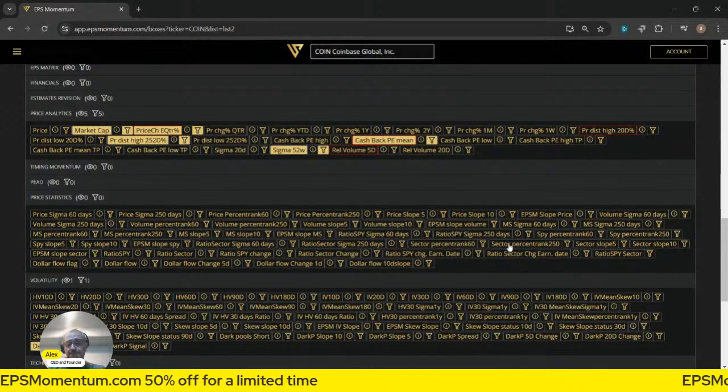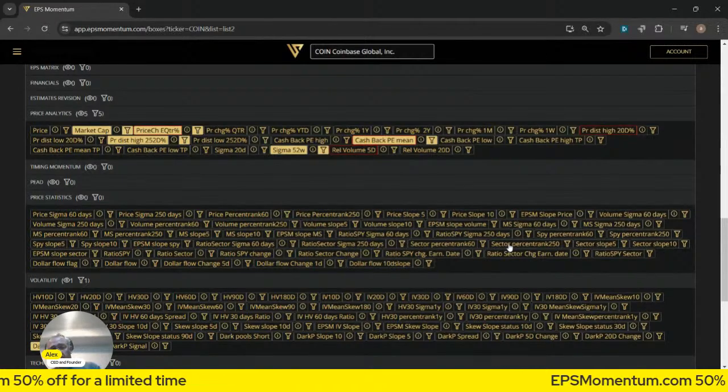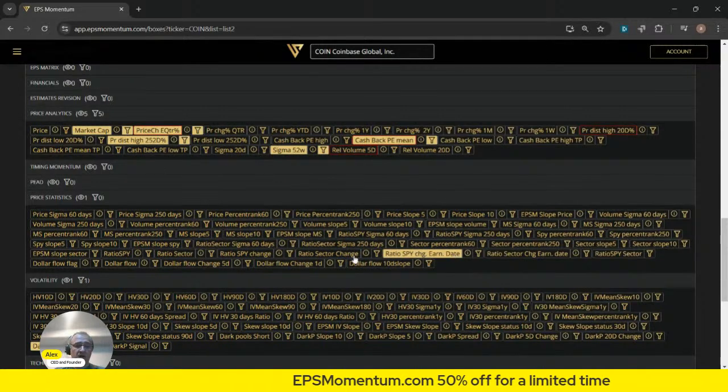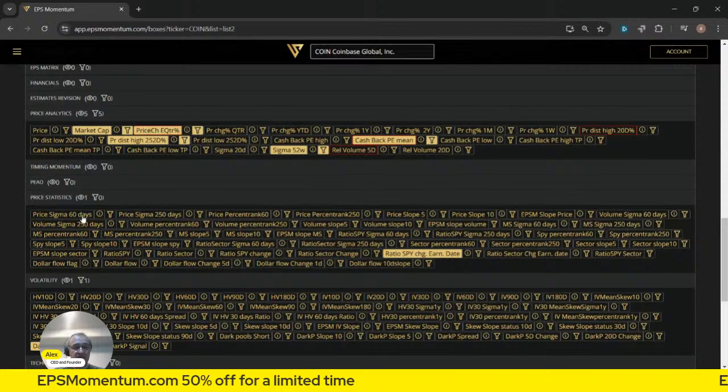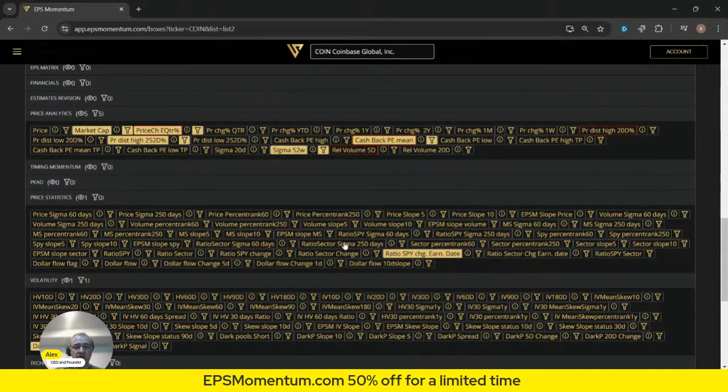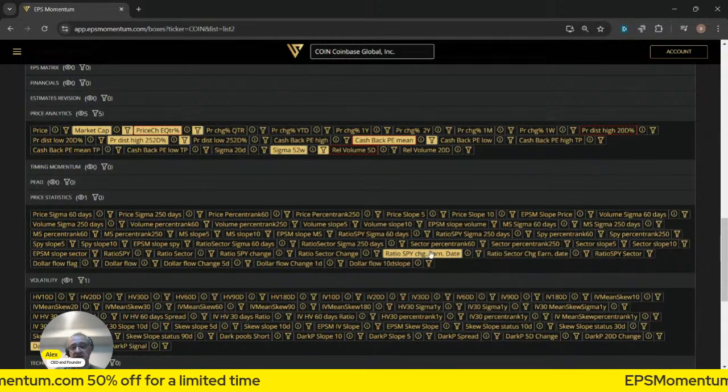And finally, I'm going to leave you with one very important metric. We'll have a bunch of statistics. So the price statistics, the 60-day sigma, 250-day sigma, the ranking, the price slope, and so on. Same with the volume, same with the market score slope, and so on. But we also have the ratio of the S&P since the earning date.